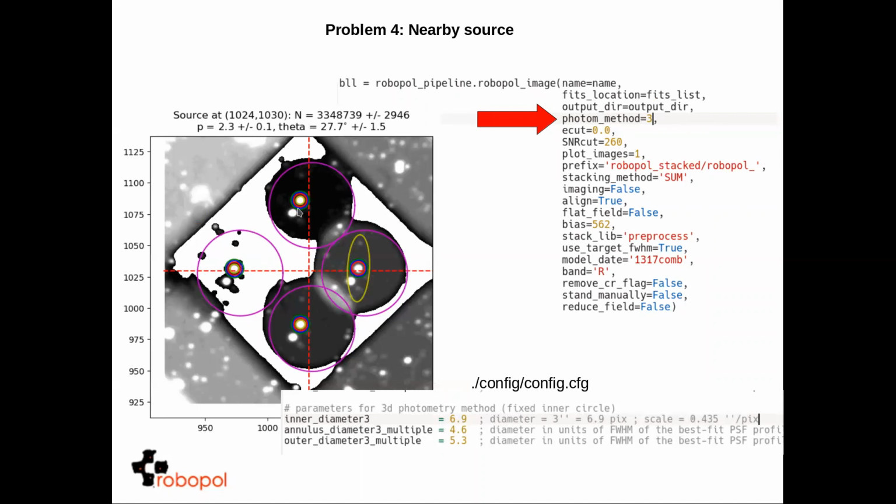For this particular source, I would set something like that, maybe slightly larger even, to have the aperture basically in between the 2 sources.